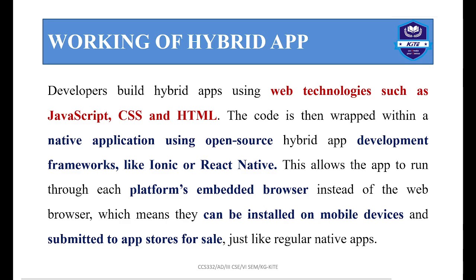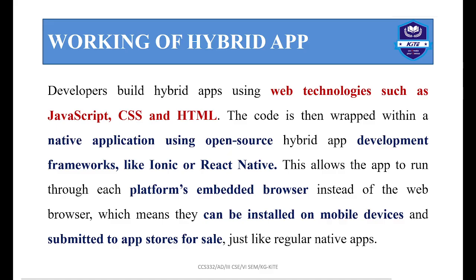Developers build a hybrid app using web technologies such as JavaScript, CSS and HTML. JavaScript is one of the basic scripting languages which has the interoperability property, where code can be written once and run on different platforms. The code is then wrapped within a native application using an open source hybrid app development framework like Ionic or React Native.